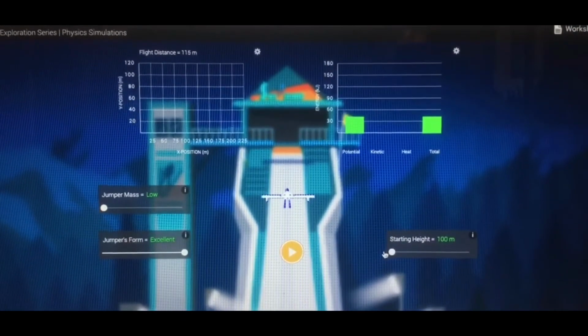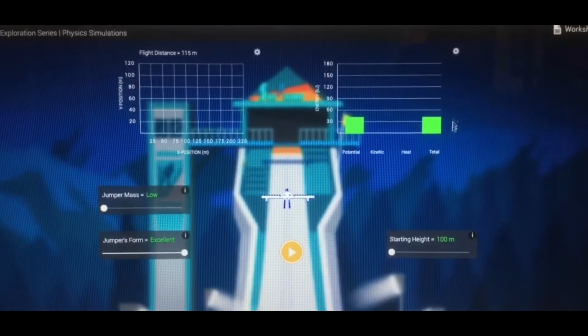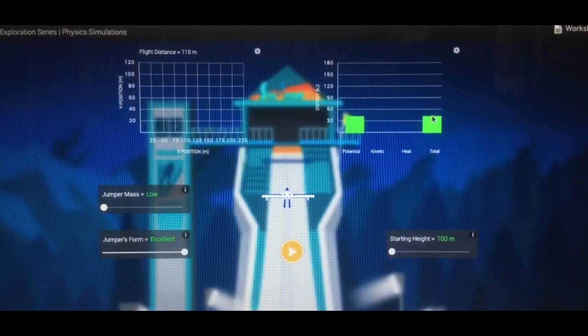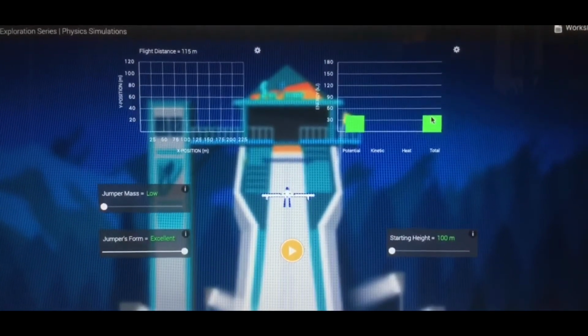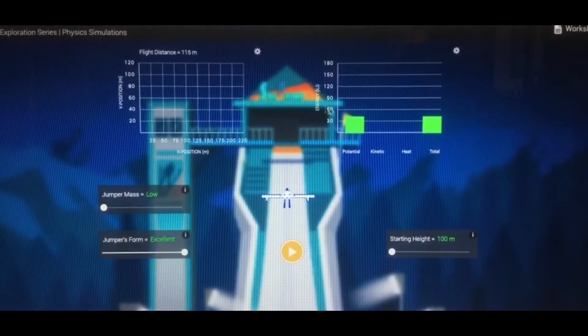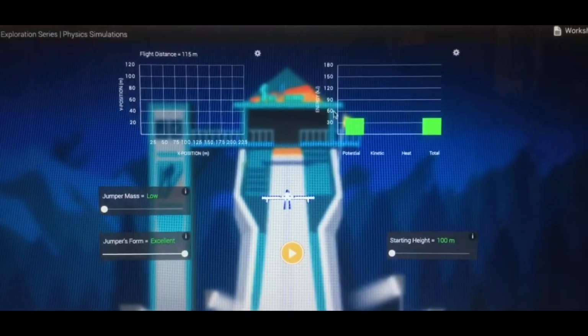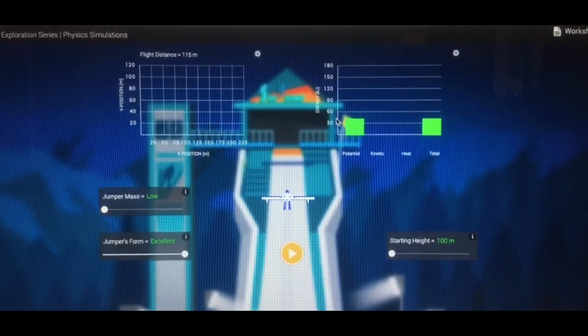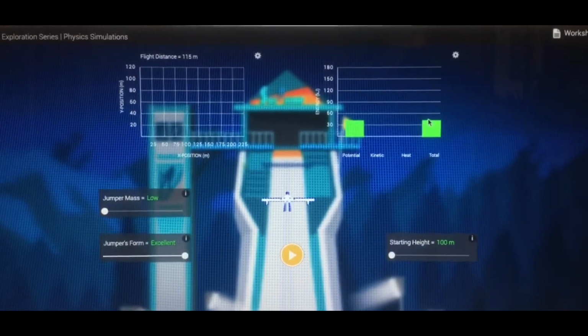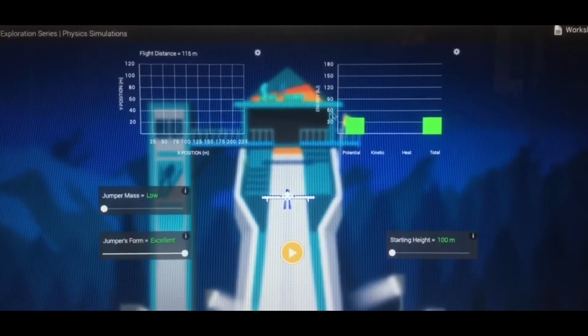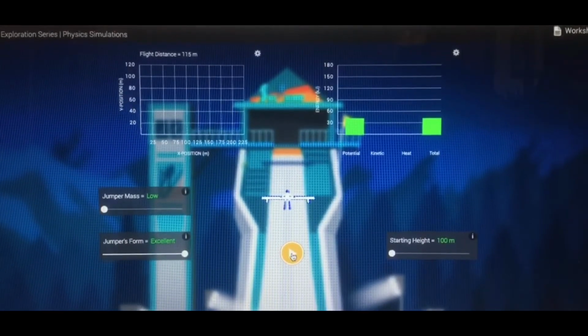When I set it to 100 meters, we can see that the total energy is going to be probably about 45. If you notice here, it says 30 to 60, so about halfway is about 45, which we're real close to. So let's see how this jump plays out.